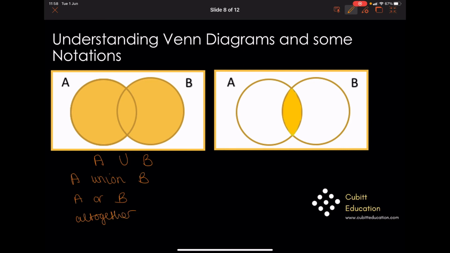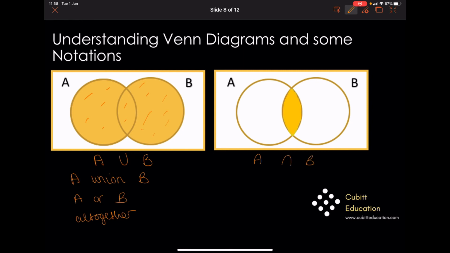What's the probability of choosing a number in A union B? And you would say any of the numbers in here. I'm going to do some examples of this in a minute, and you'll be able to understand what it means a little bit more.